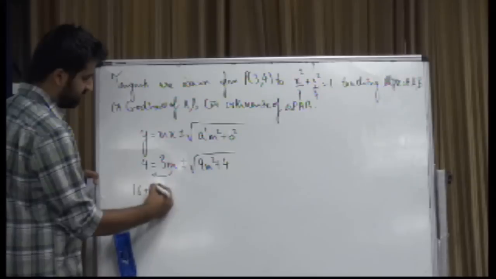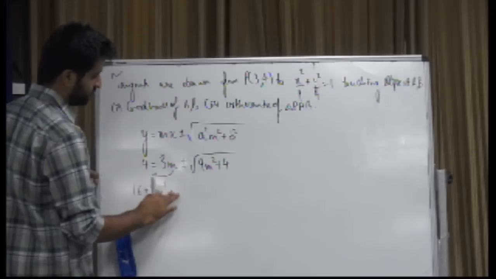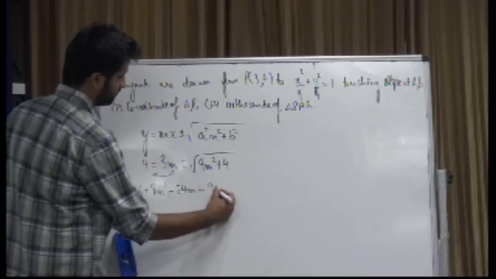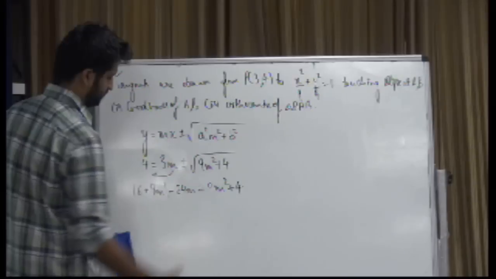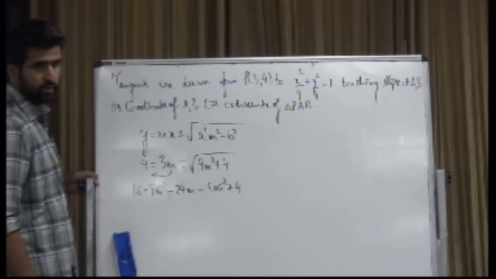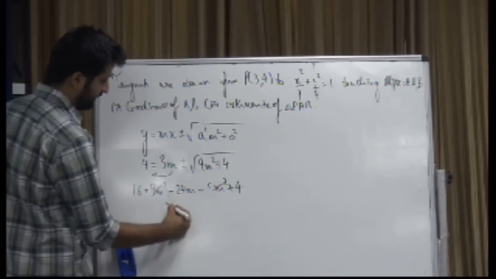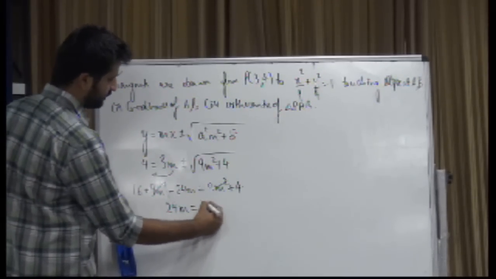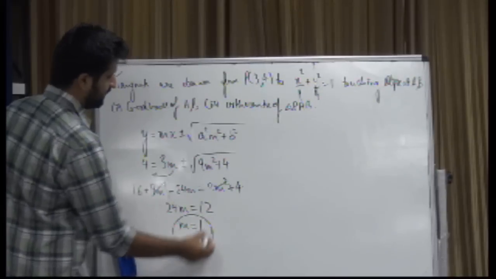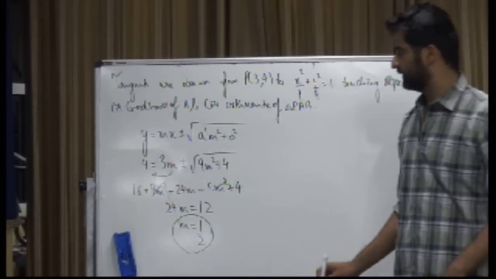So you get 16 plus 9m square minus 24m, and from this 9m square cancels out. And you get 24m is equal to 12. m is equal to half. So one of the slopes is half.